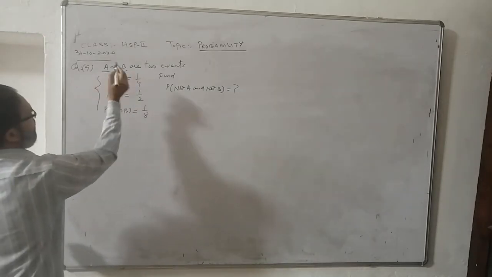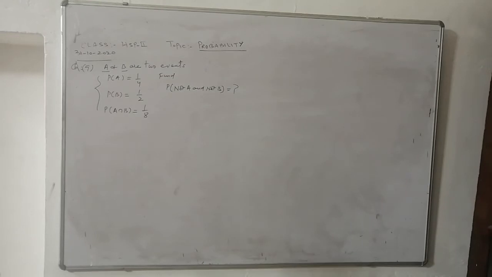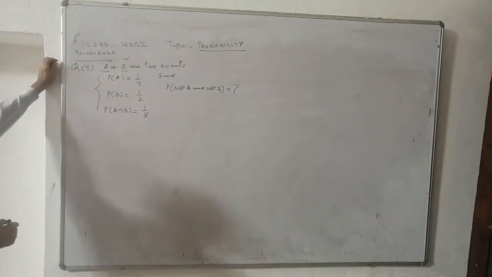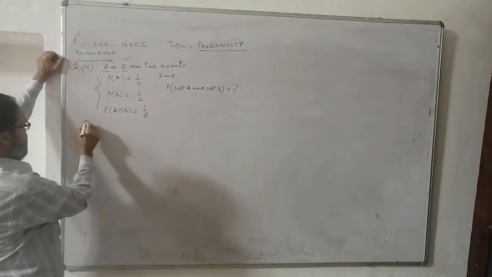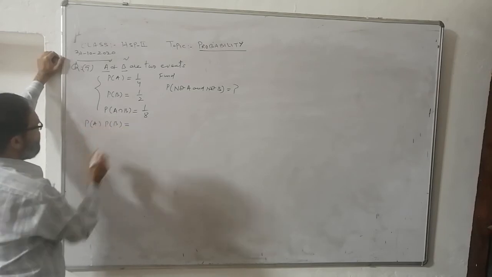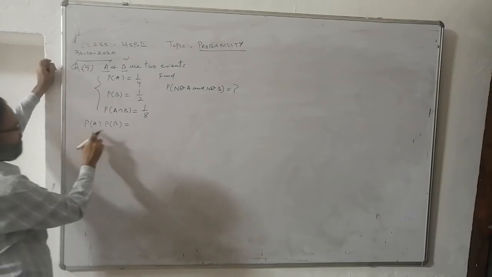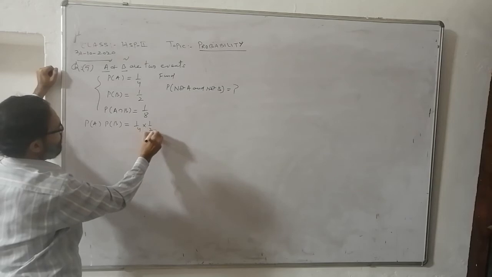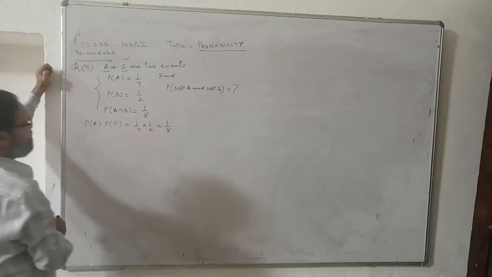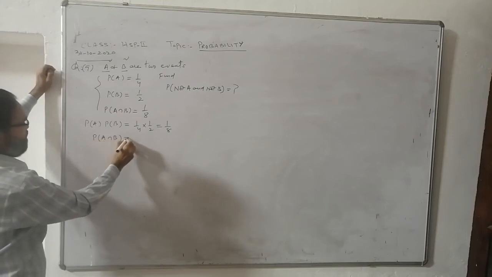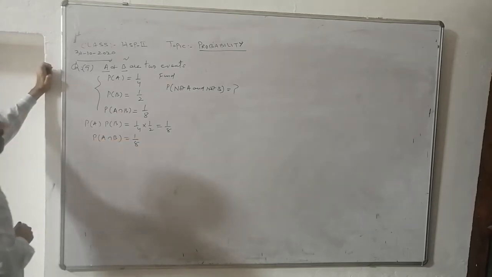A and B are events of a sample space of a random experiment. So let us first check the nature of the events A and B. If I multiply the value of probability of A and probability of B, this will be equal to 1 upon 4 into 1 upon 2, that is 1 upon 8. Also, probability of A intersection B is again 1 upon 8.